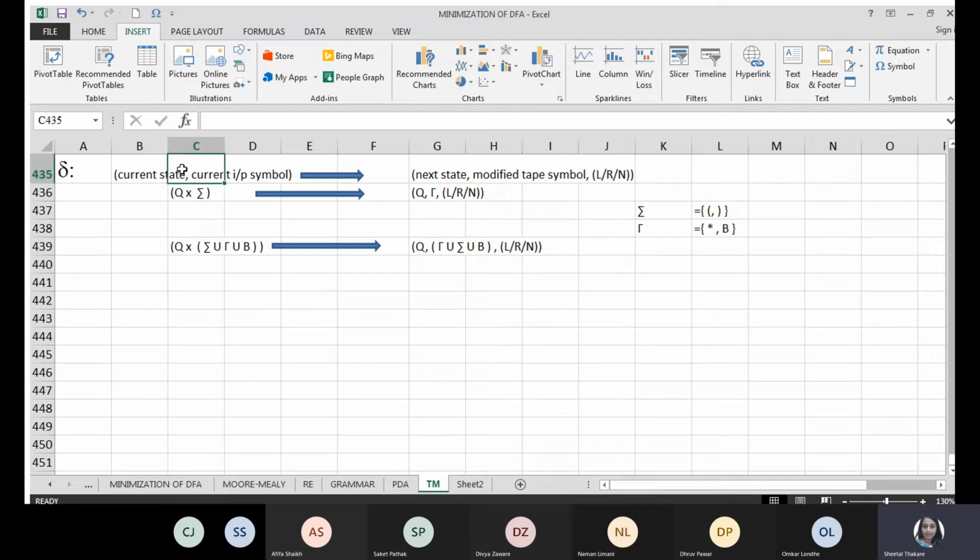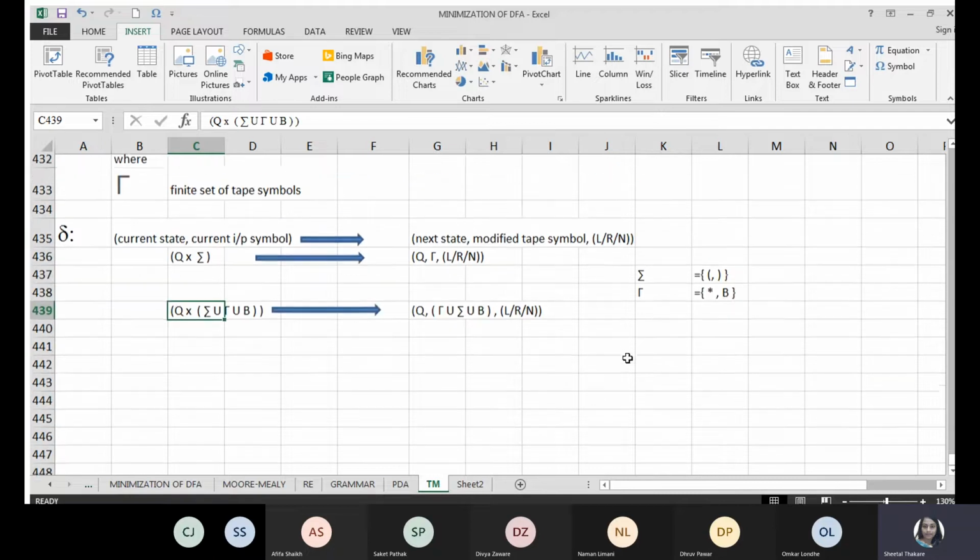I hope the transition of this thing till this modification is understood.